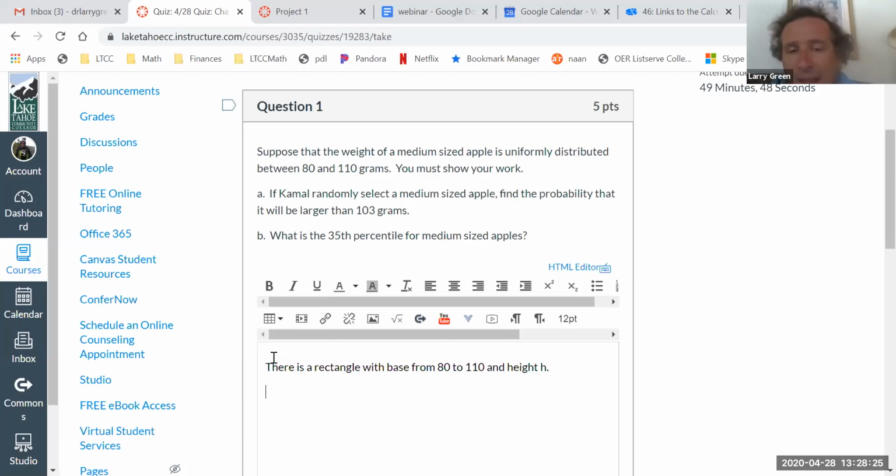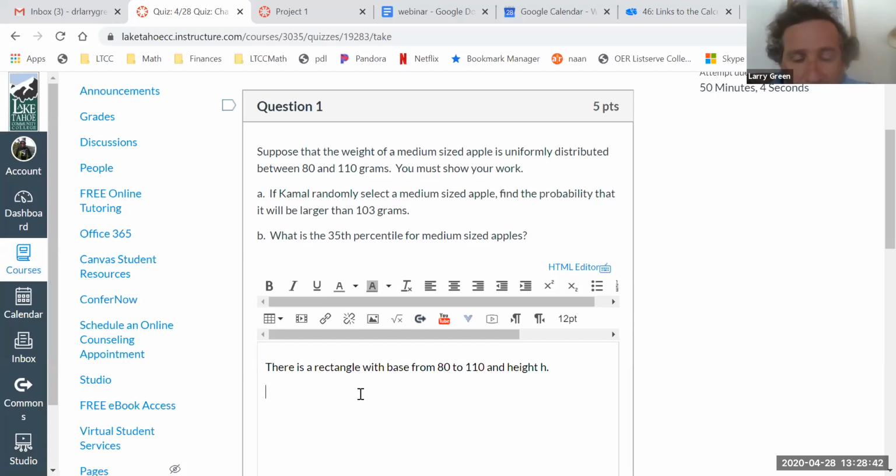Okay, what do I know about the area of this full rectangle? What's the area of the full rectangle? Yeah, it always equals 1. And then hopefully remember the area formula is base times height.